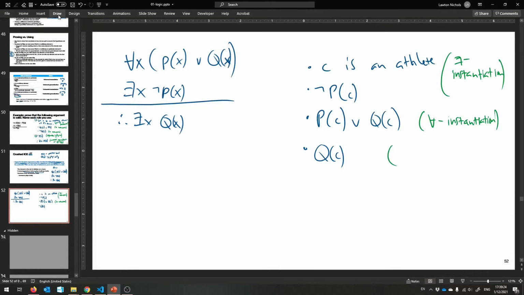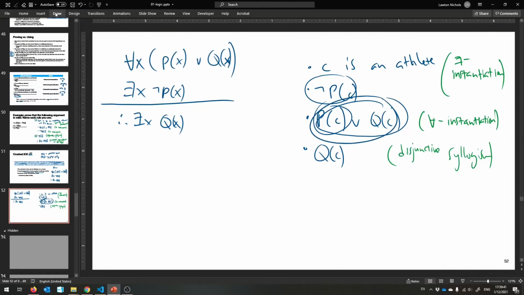You remember the rule by now. I was like, all right, well, I know this is true, and I know that this is true, so if P of C is false, and this whole thing is true, that means the Q of C must have been true.